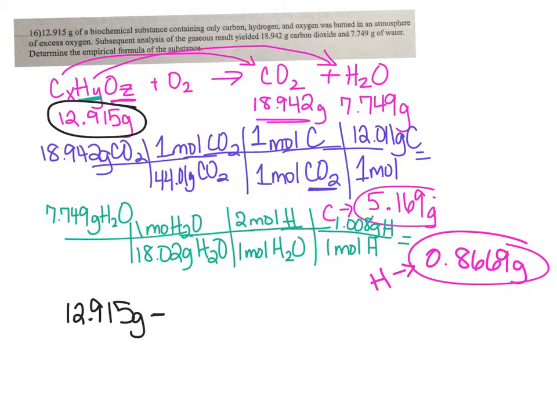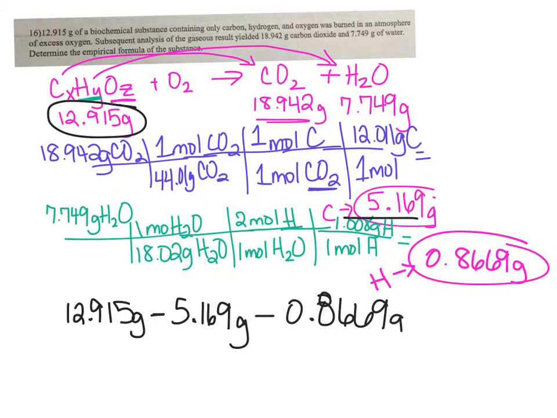I'm going to subtract my grams of carbon, the 5.169, minus my grams of hydrogen in order to figure out my grams of oxygen. So again, this is total minus grams of carbon minus grams of hydrogen to get grams of oxygen. And so when you subtract it, you get 6.879.